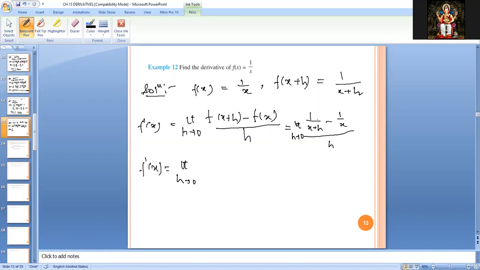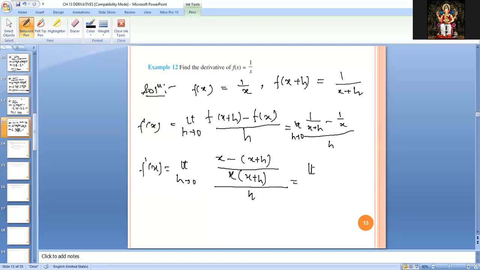By taking its LCM. So we will take the LCM in the numerator, x into x plus h. When we take the LCM, x plus h is cancelled with x plus h, so 1 into x, x minus x plus h. This is the numerator term. In the denominator, we have h.